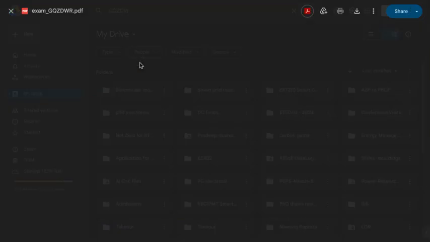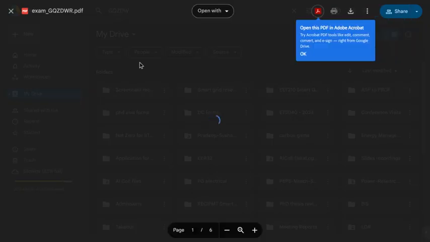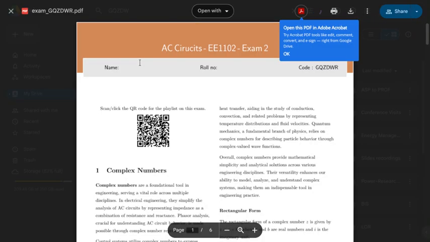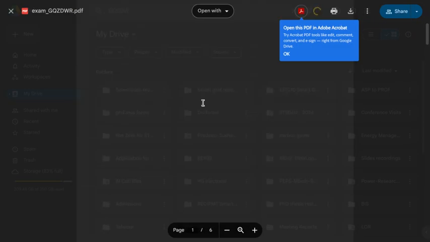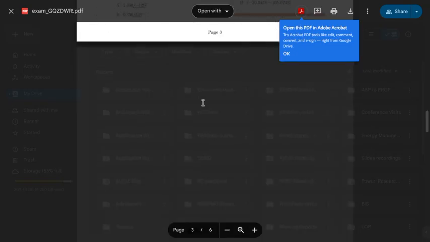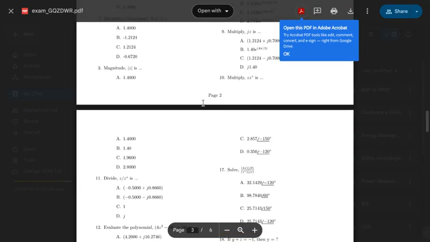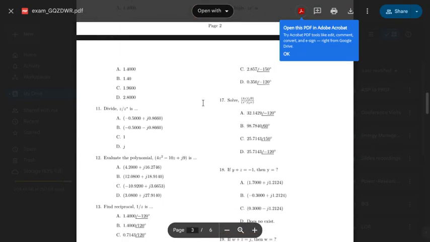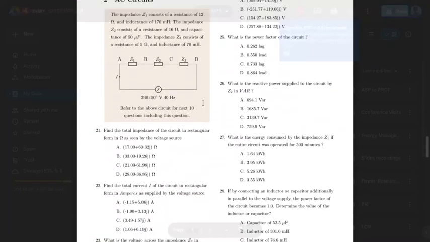Okay, so I'm opening one PDF. Okay, let's go there. By the way, the first 20 questions are about complex numbers, not related to only electrical. It is all engineering, it is the same.